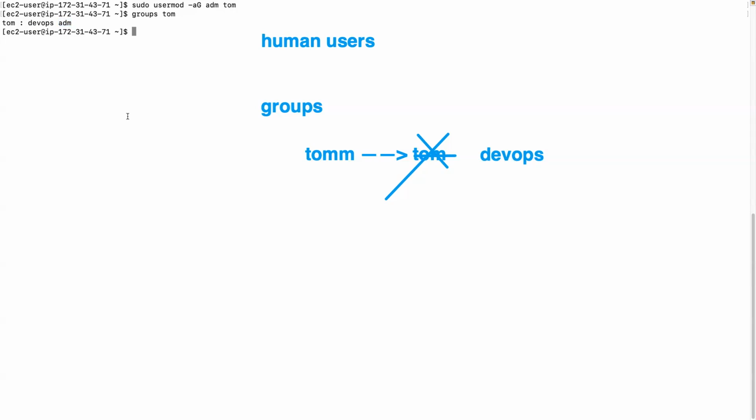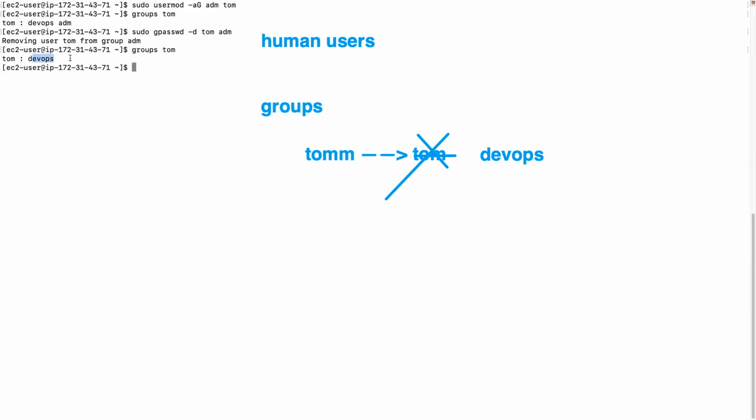Suppose now I want to delete Tom from the admin group, the secondary group. Secondary group means the second one in the list. If you want to delete him, gpasswd -d Tom admin. That is how you remove a user from the admin group.